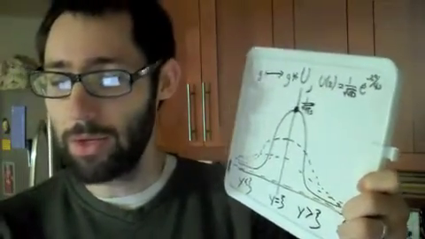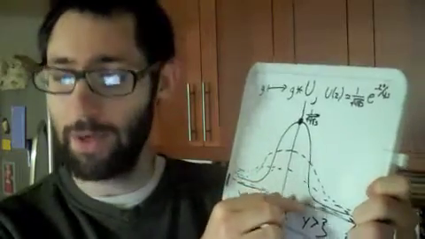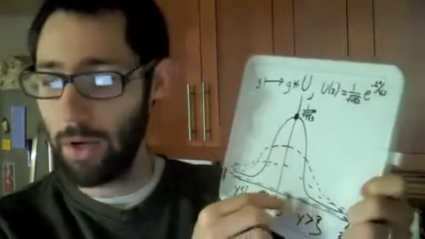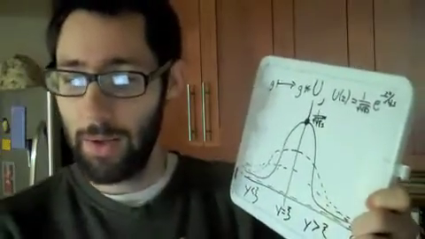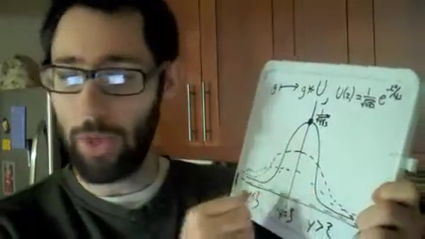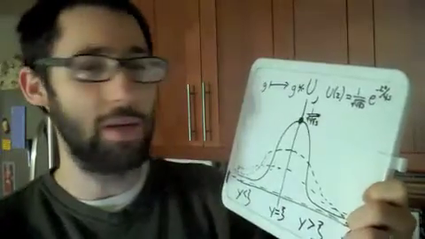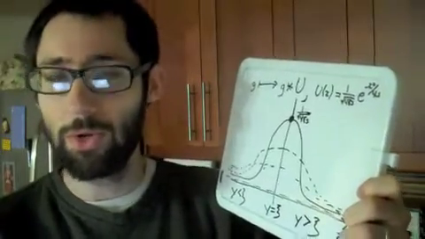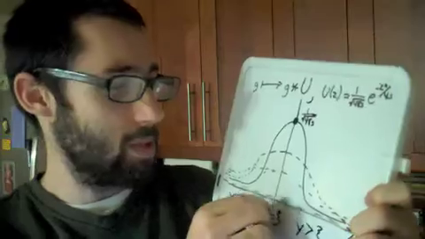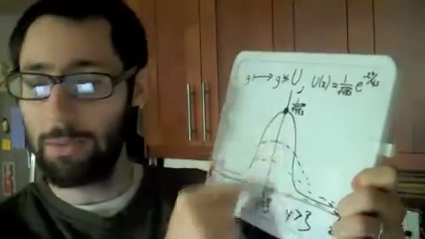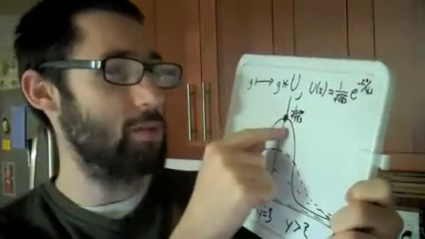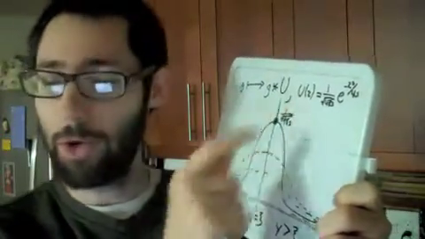Remember, as an integral, that's like adding up all the different areas. Of course, these heights are being multiplied by the g of xi. But if we look at how the weighting of those g of xi would contribute to the solution u of y, we would see that when y equals xi, that contribution is maximum, since g of xi is being multiplied by the maximum that u could possibly be.